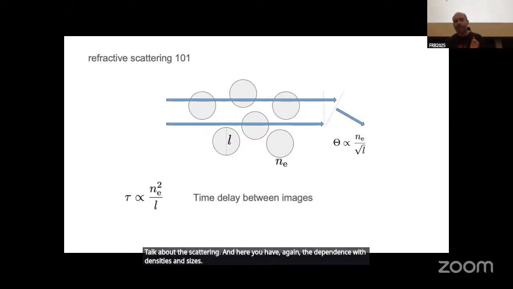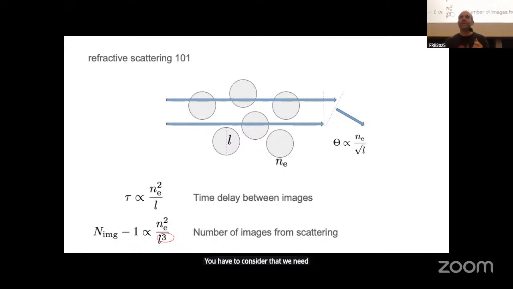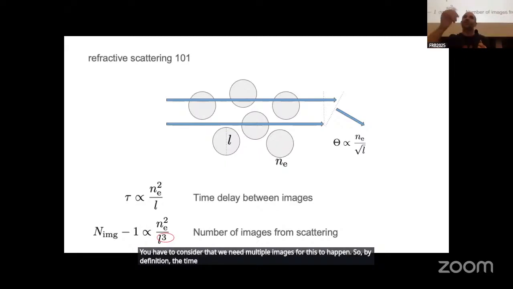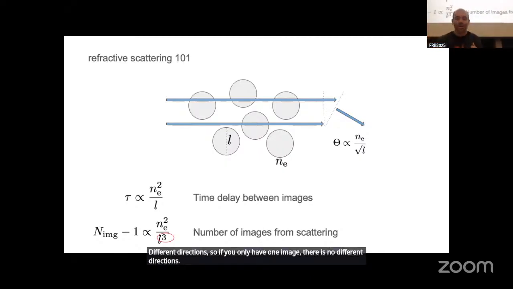And another very important thing that I learned also from Dylan's paper is that we need multiple images for this to happen. By definition, the time delay is the time delay between images that take different directions. So if you only have one image, there are no different directions, so there is no effect.